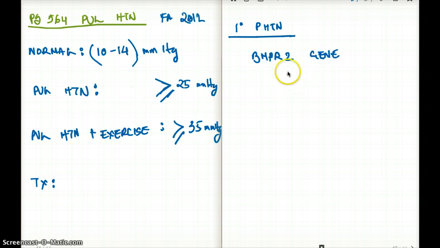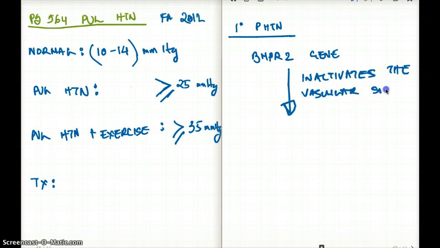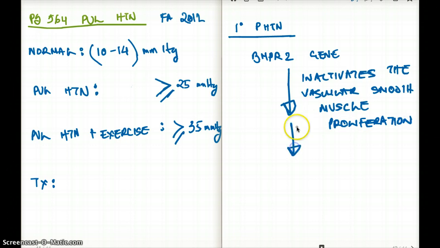What BMPR2 does is it inactivates vascular smooth muscle proliferation. So the BMPR2 gene usually does that.